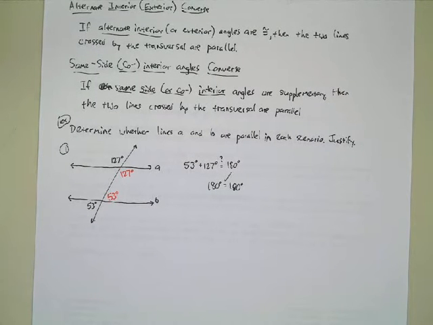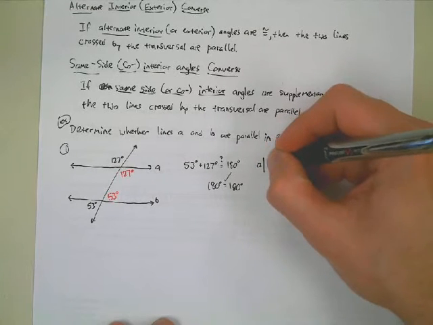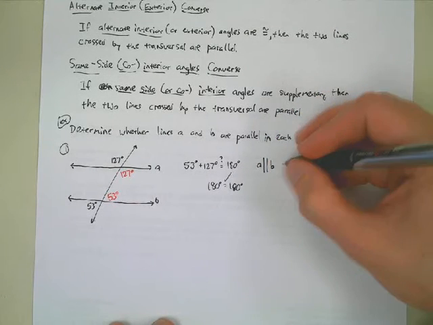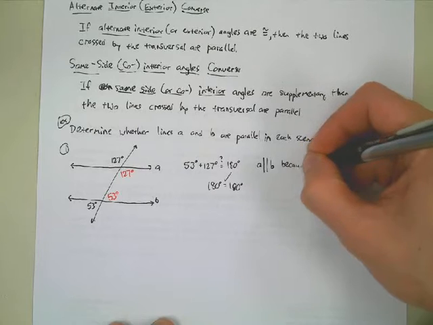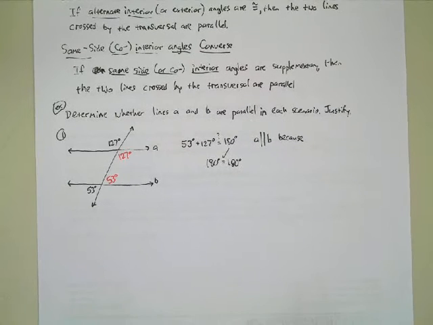So then in our answer, we could say something like this. A is parallel to B because, and then what's our justification here? What could we say? A is parallel to B because what?